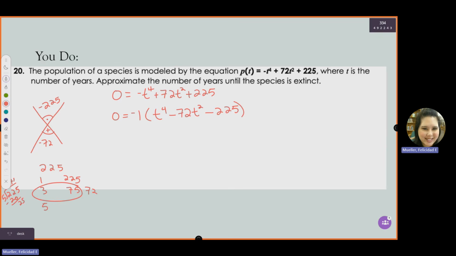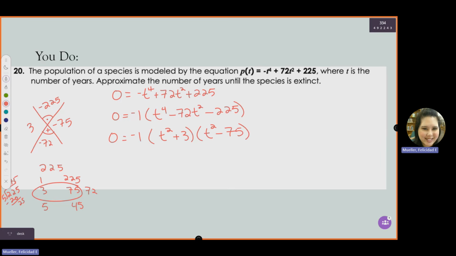Yeah, I can't get 72 with 45, so 3 and 75 is probably my best bet. So we're going to use 3 and minus 75. So -1, and this is going to become t squared plus 3, and then t squared minus 75.